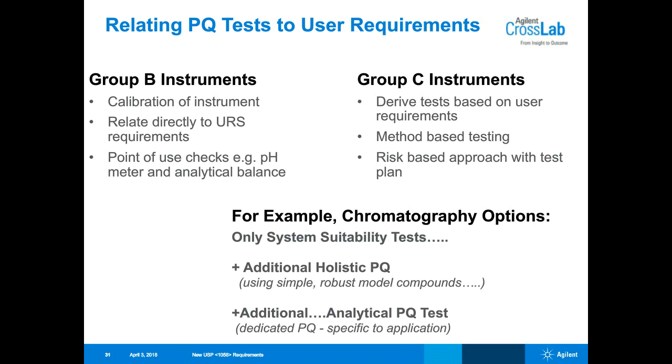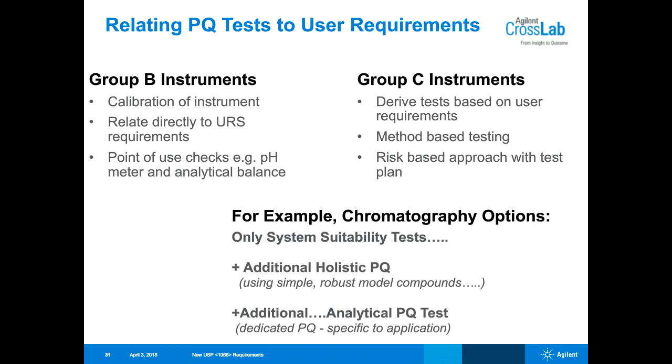So you've got calibrated masses, you've got calibration solutions for pH, and you'll have in your instrument logs the checks against, and you'll be able to plot and map all of those.